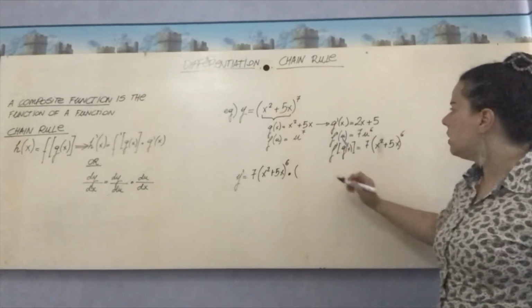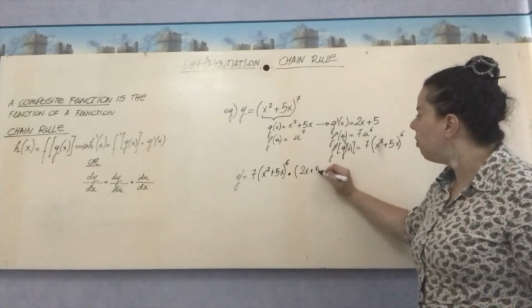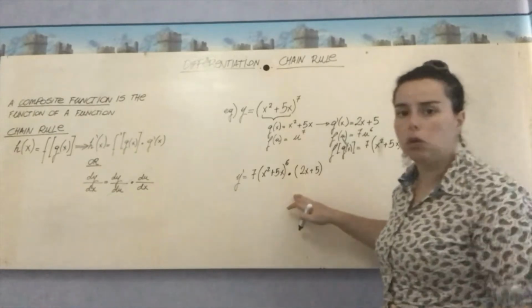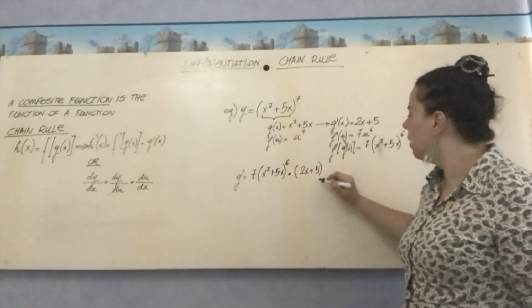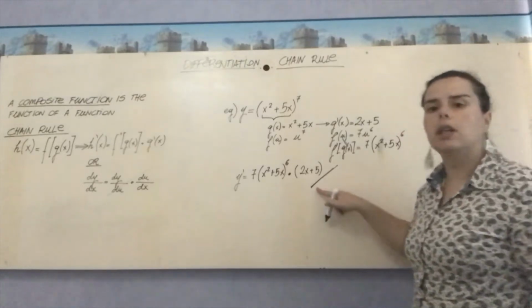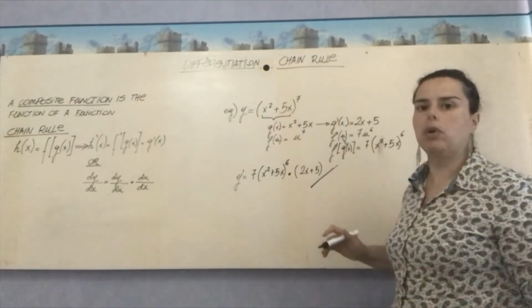What's that? Well, that's 2x plus 5. This is the derivation. Then, of course, I could simplify. Why would I? If they don't ask me, I don't simplify. This is much faster than trying to do that by polynomials.